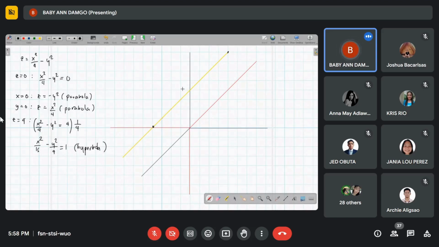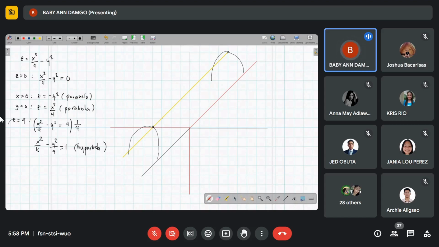Okay, because this is a hyperbola. So, we can create, so with respect to x minus, like this. Okay, and then, so okay na ni.